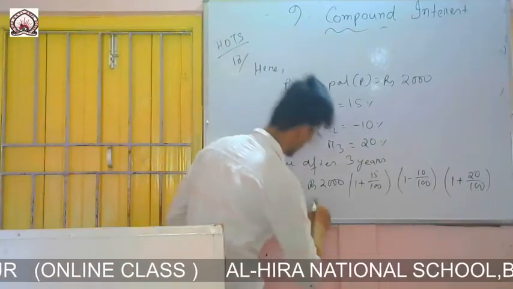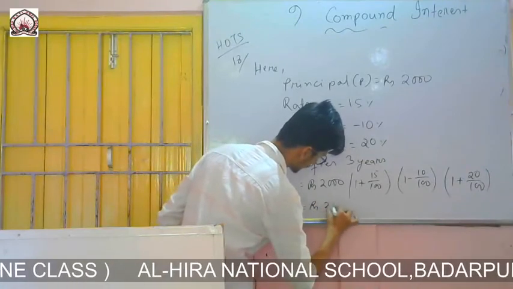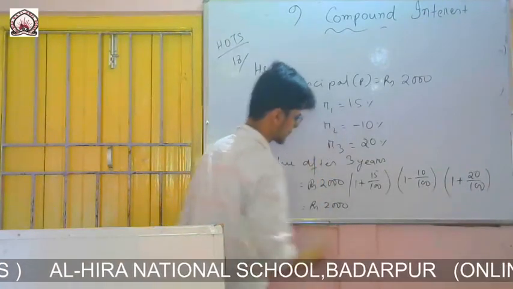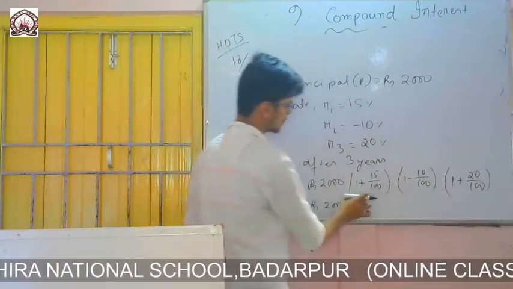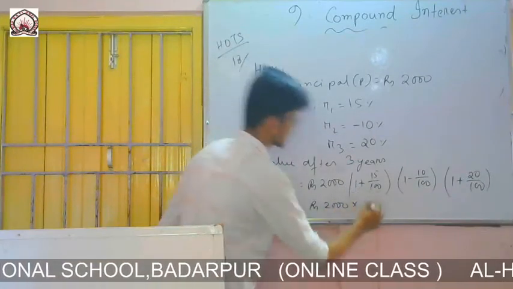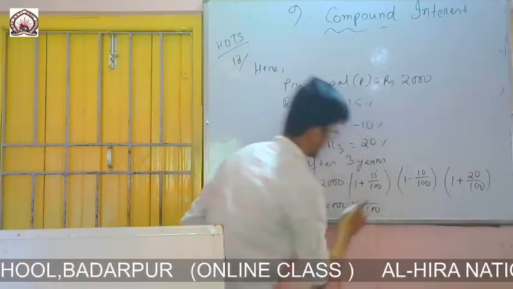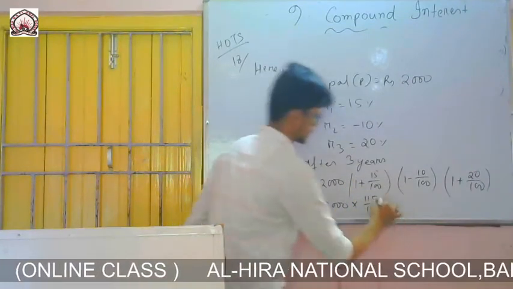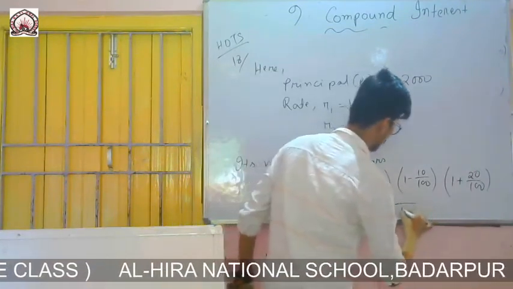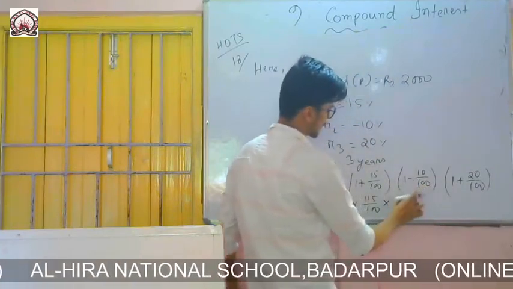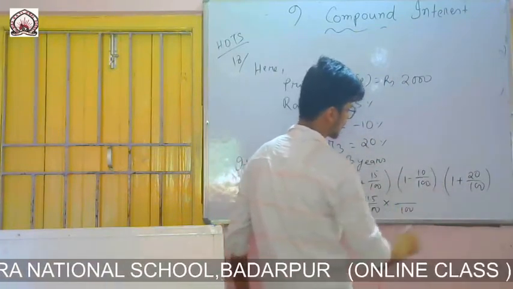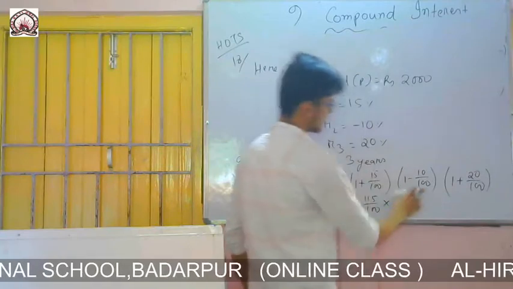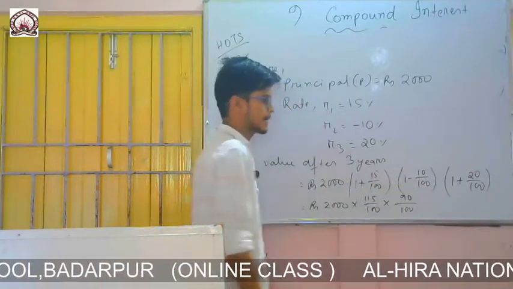So now I can write it as rupees 20,000 into, directly I am doing, if I take the LCM, it will be 100, and 100 plus 15, it is 115. The next one, LCM 100, and 100 minus 10, it is 90.